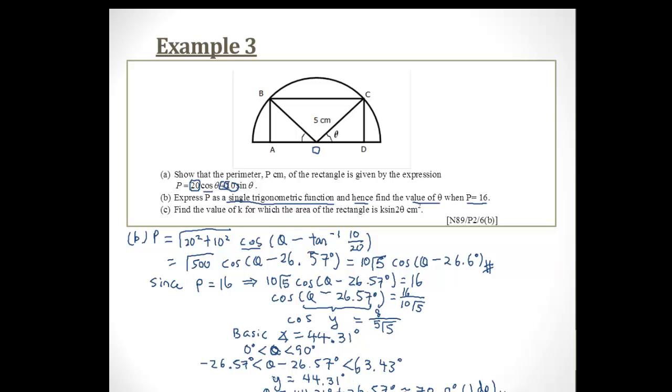Then I substitute y as theta minus 26.57 degrees.